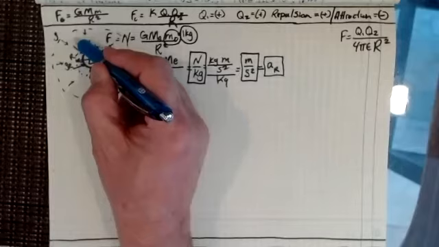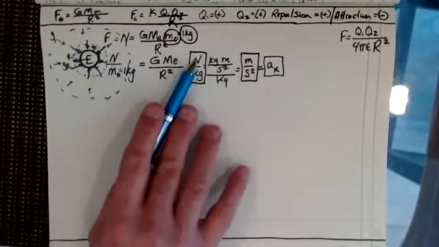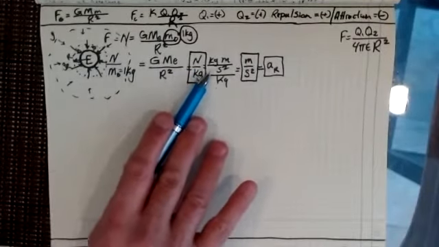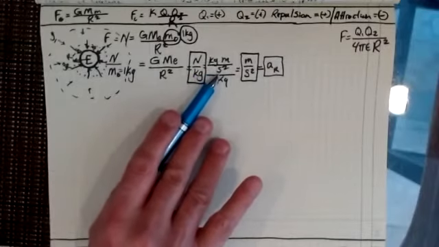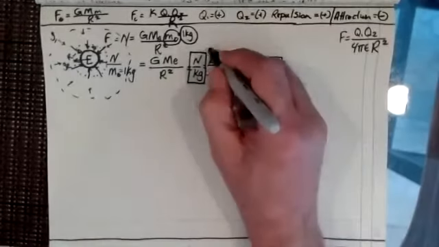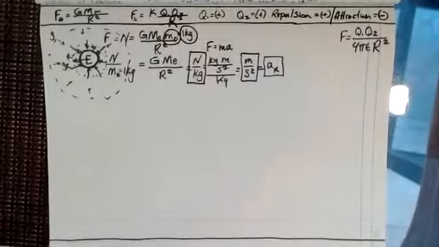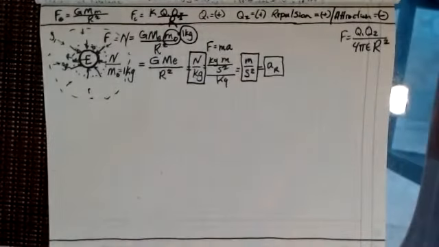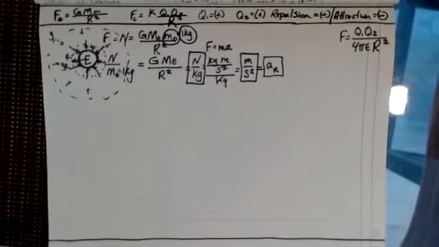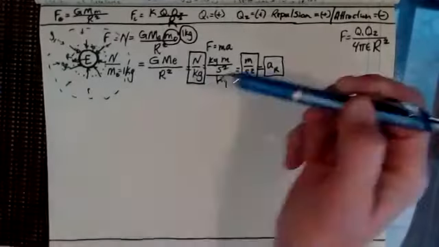Now you're saying, well, newtons per kilogram, what is that? Well, we know that a newton is a kilogram meter per second squared. Isn't that right? Because we know that a newton is just force equals mass times acceleration. So we know that kilogram meter per second squared divided by a kilogram is going to equal a meter per second squared.